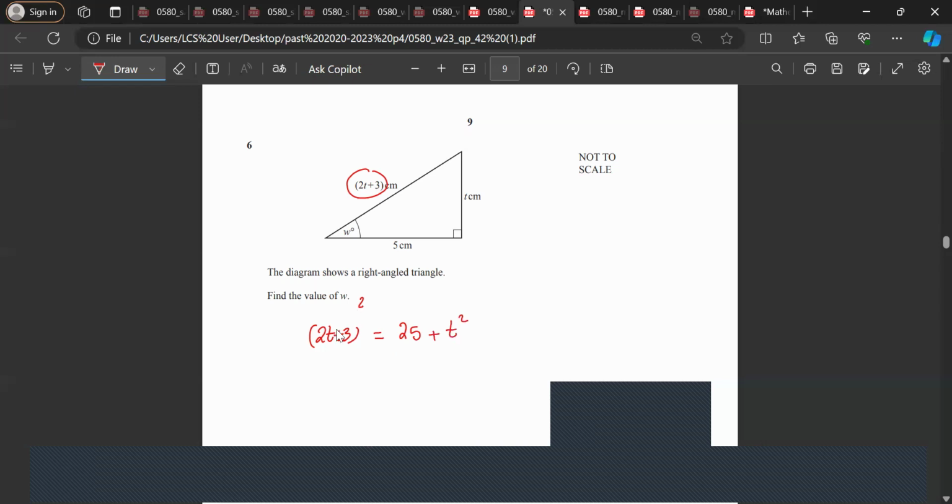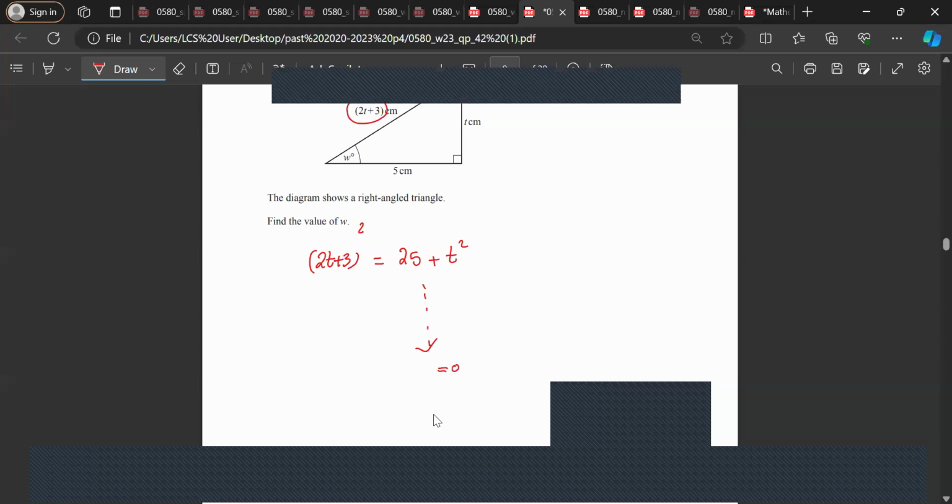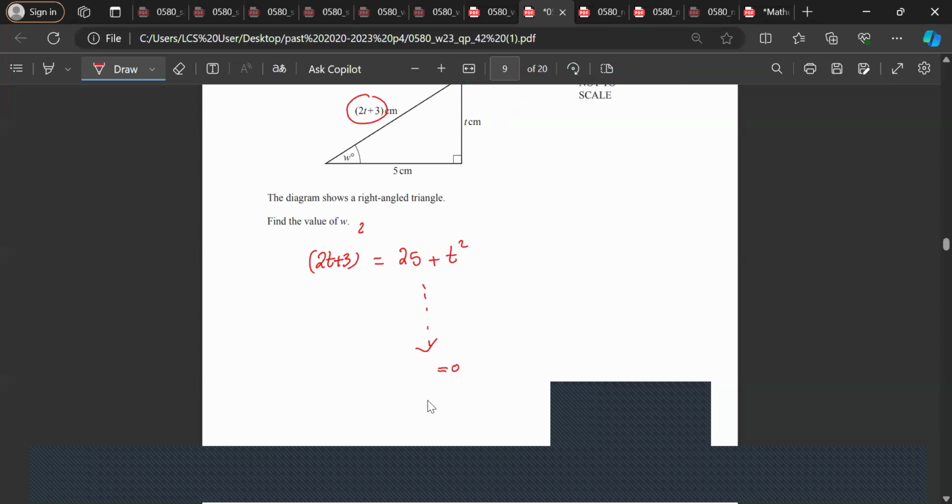Then I will do what? I will expand this and send them all to the same side and make it equal 0. Then after making it equal 0, get two values for t. One will be negative and one will be positive.